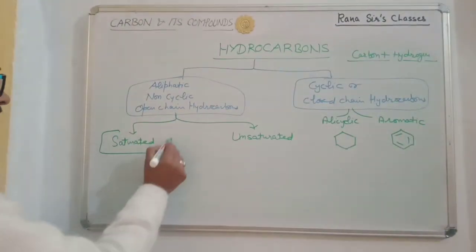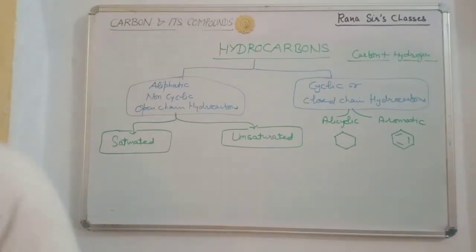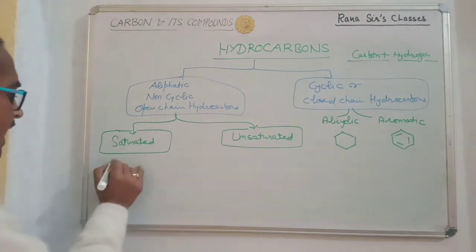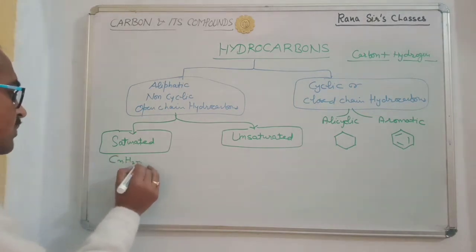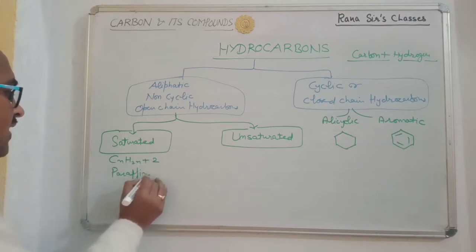So that is saturated. And unsaturated, double and triple bonds are there. This is the simple classification. So if we talk about saturated, their general formula is CnH2n plus 2 and they are also called paraffins.